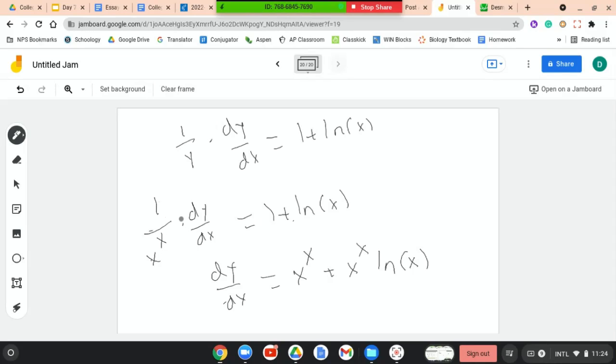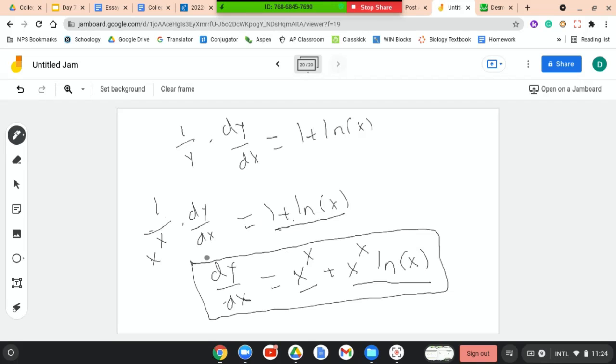So I just have 1 times dy over dx, which is just dy over dx. When I multiply this side by x to the x, I get x to the x times 1, which is x to the x, plus ln x times x to the x, which is x to the x times ln x. So I just multiplied both sides by x to the x and simplified. Cool? So then we get dy over dx equals this.